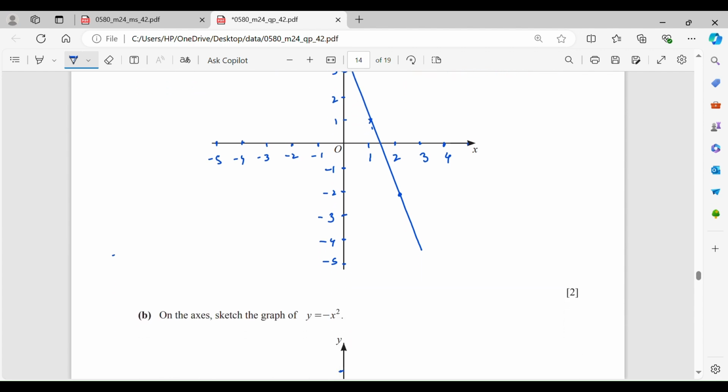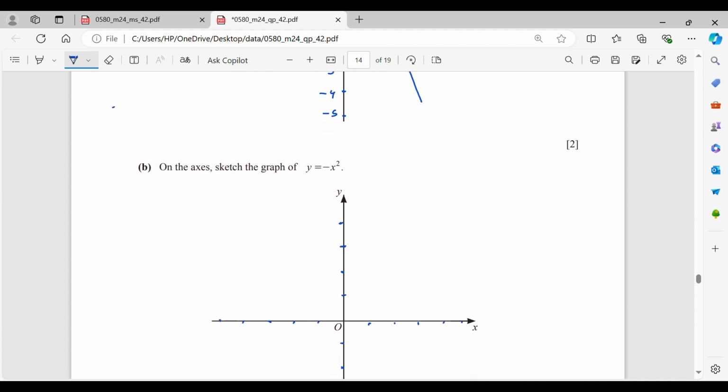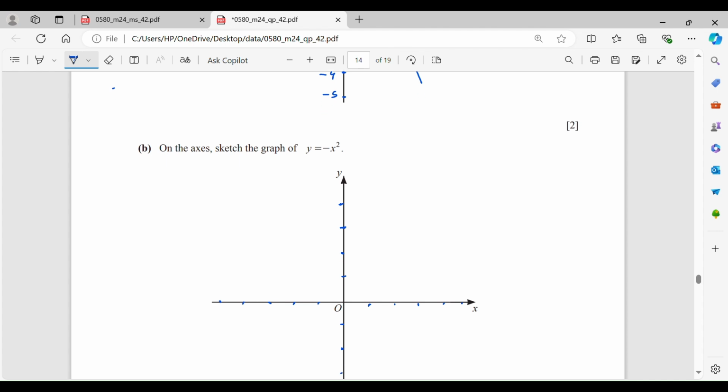B part: on an axis, sketch the graph of y equal to minus x squared. Same way, we will take the coordinate points. This is x, this will be y. When x is 0, y will be 0.